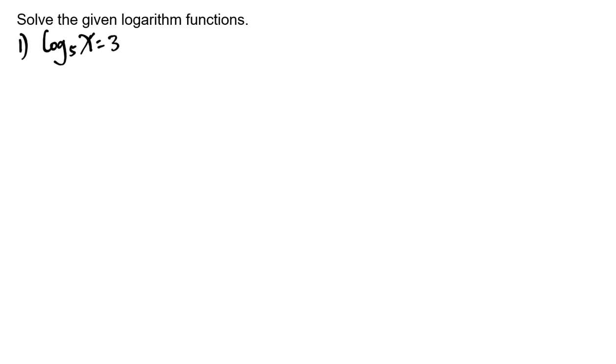In this video clip, we want to solve the given logarithm functions. The first one is log base 5 of x equals 3. As I mentioned before, you always want to remember that 2 cubed, everyone knows, is 8.